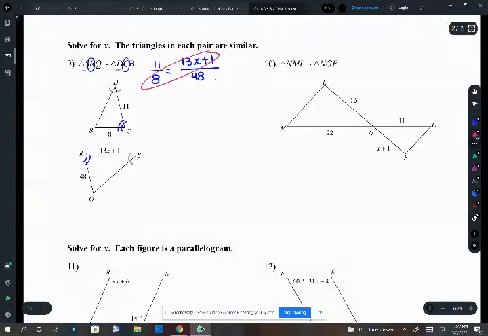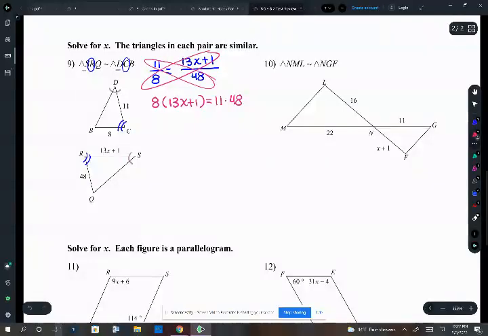So as we do cross product, again, we're going to go 8 times 13x and then 8 times 1. So we're going to go 8 times 13x plus 1 is equal to 11 times 48.